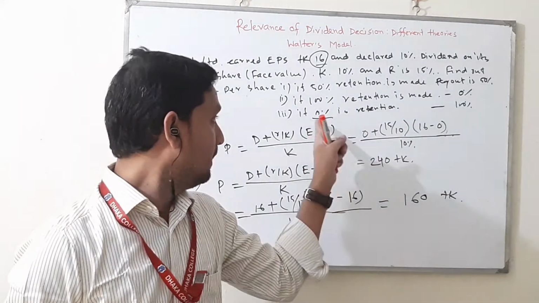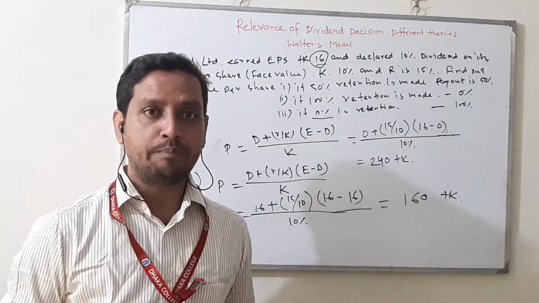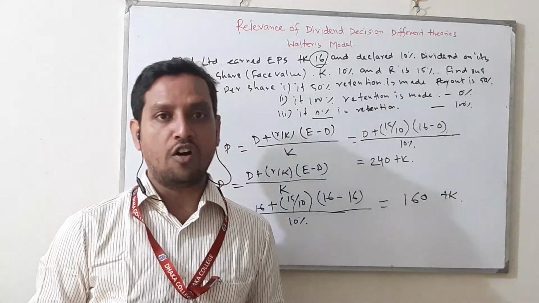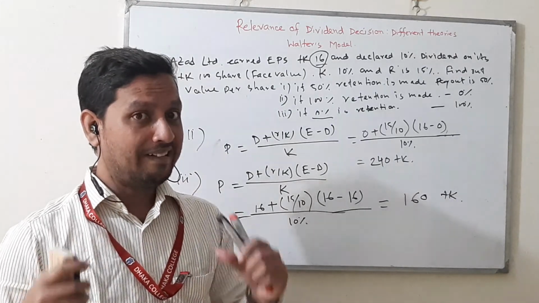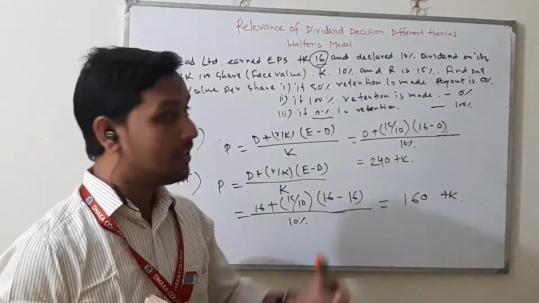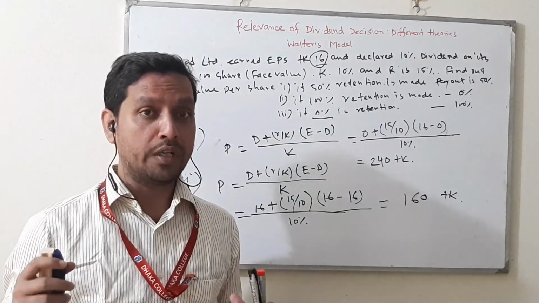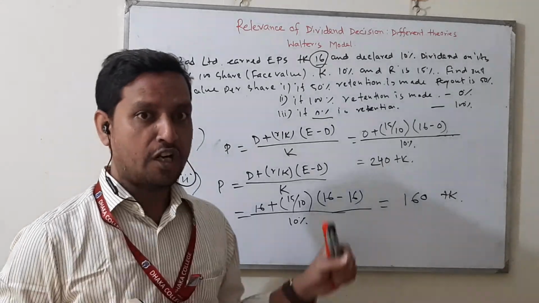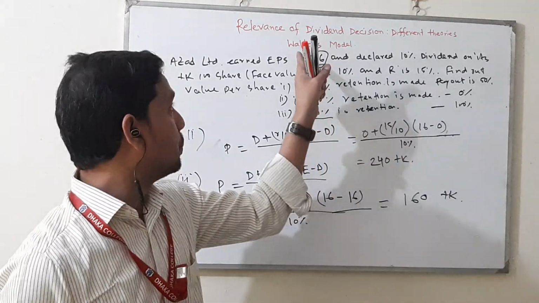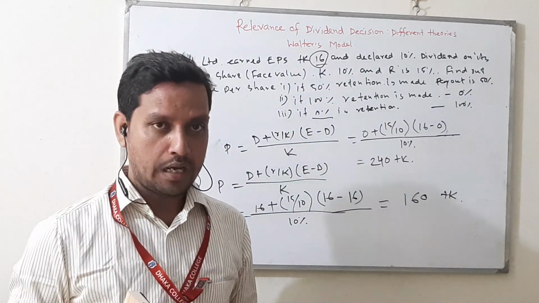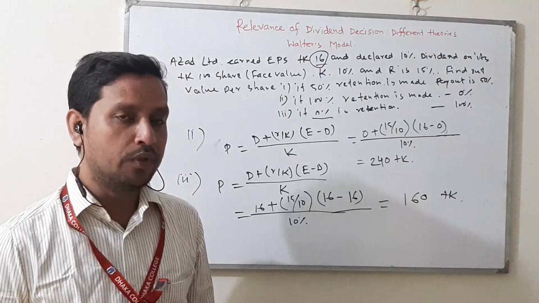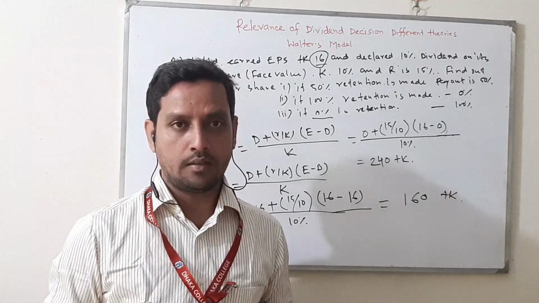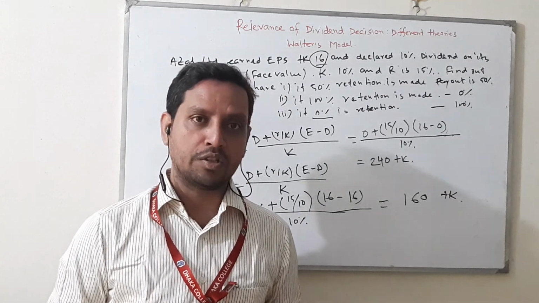I mean, in this case, 100% payout ratio. So, dear students, I think all of you already learned the Walter's model and how we find the value per share P according to Walter's model. And next class we will discuss about Gordon's model. Thank you all.